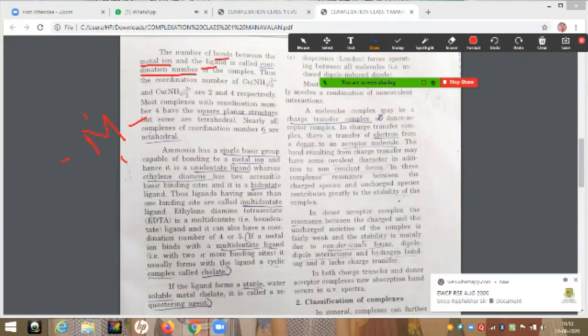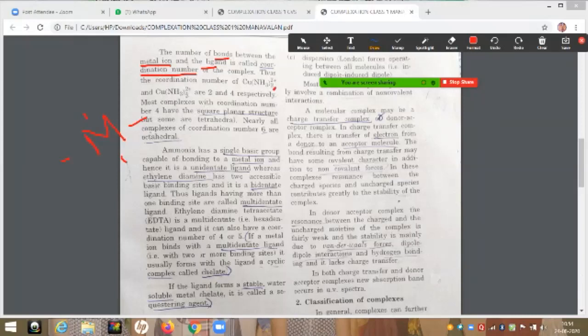So the number of bonds between the metal ion and the ligand, we call the coordination number of the complex. For example, here the coordination number of copper and ammonia. In this case, there are two molecules of ammonia attached to copper, which means 2 is its coordination number.